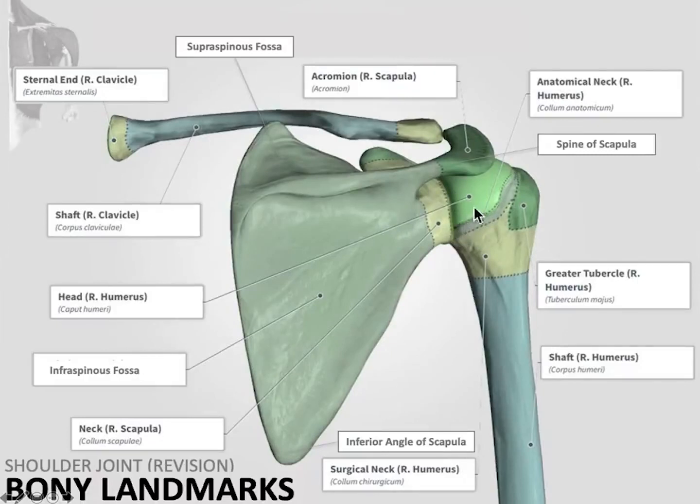This is in direct contact with that smooth projection, which is the head of the humerus. We then have our anatomical neck in green. We have our surgical neck, in yellow. And in this view, we can also see our lateral projection for muscle attachments, which is the greater tubercle.